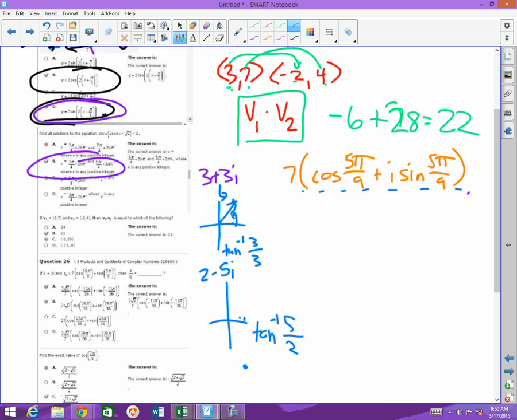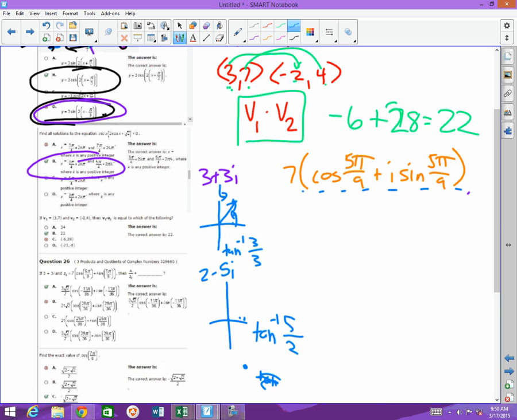Now, because it's 5 halves, you're dealing with this angle here, so whatever you get for an answer, let's see, what is inverse tangent of 5 halves?